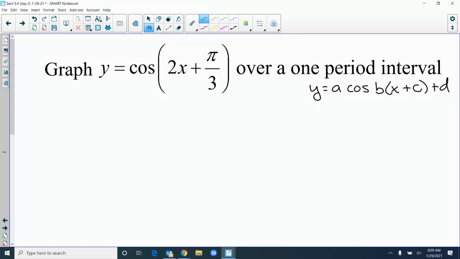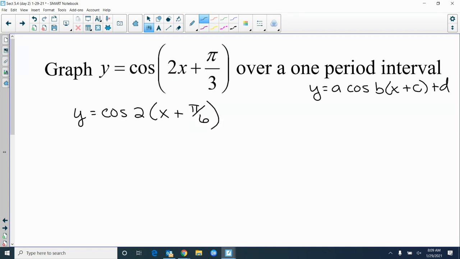What we've got to do is take this 2 and put it on the outside first. If your 2 is on the inside, you've got to factor it out. So it's going to look like y equals cosine of 2 times x plus, and that's going to change the pi over 3 to what? Pi over 6. Basically, you're dividing that by 2, so it changes to pi over 6.